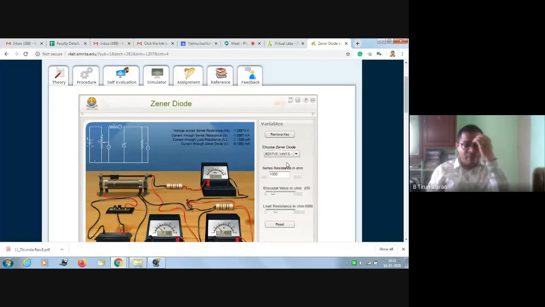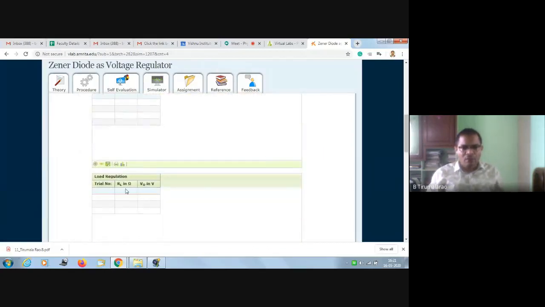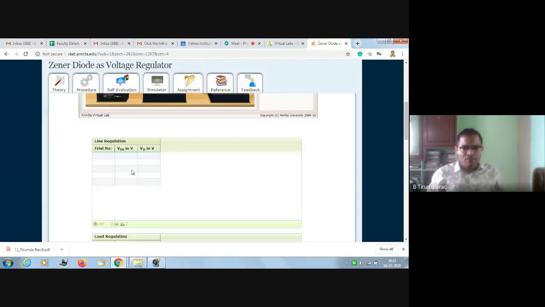In the table, we have two tables below, right? Trial number one.